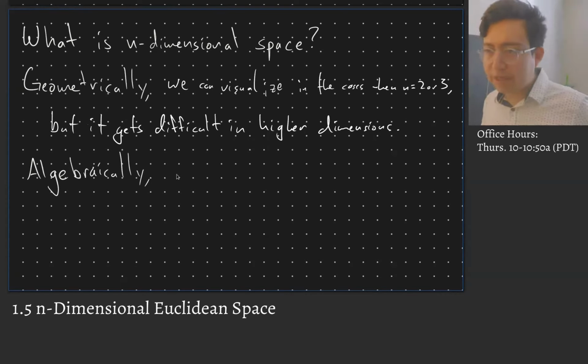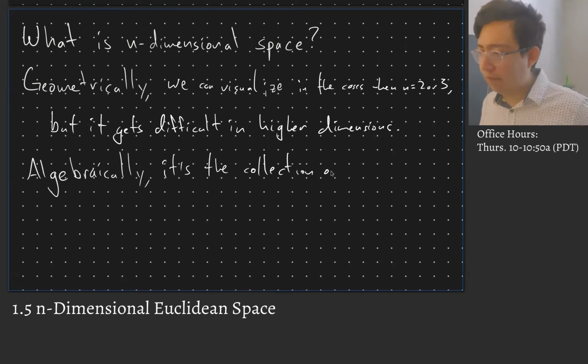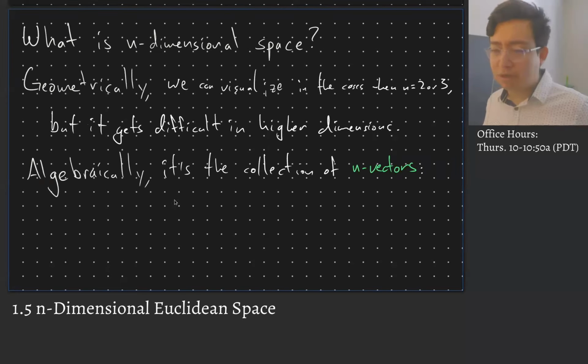So algebraically, it's the collection of what we would call n vectors, which are n-dimensional vectors.